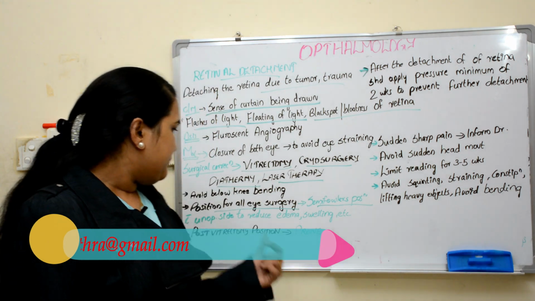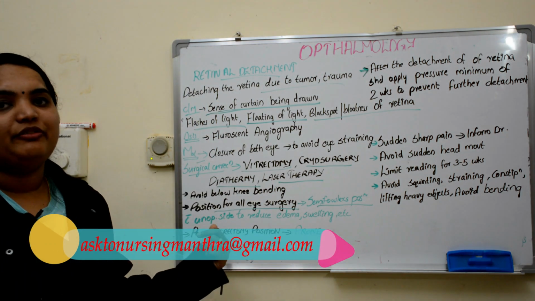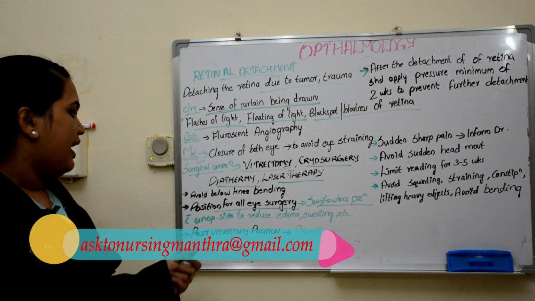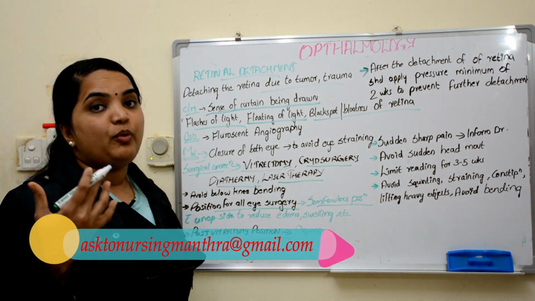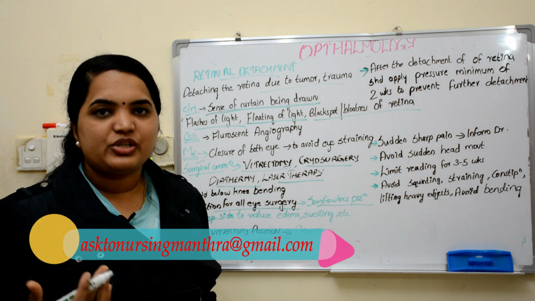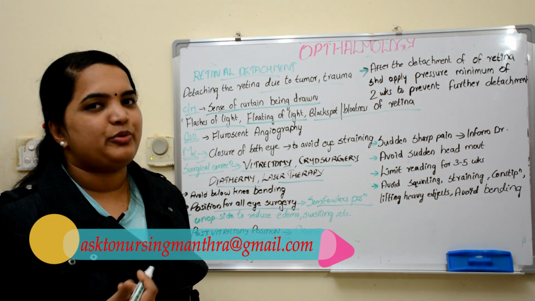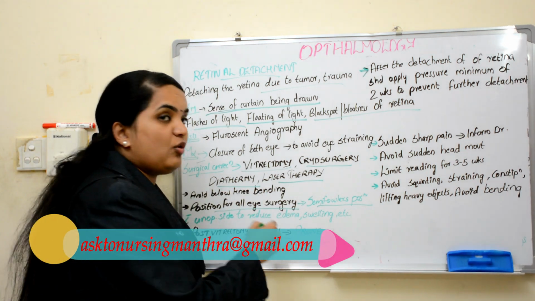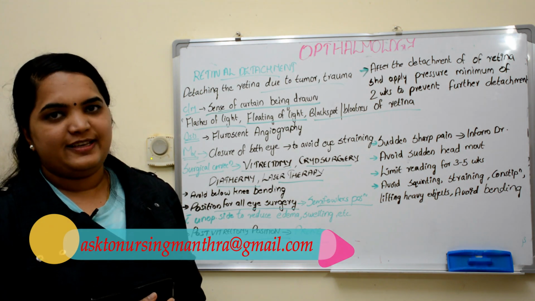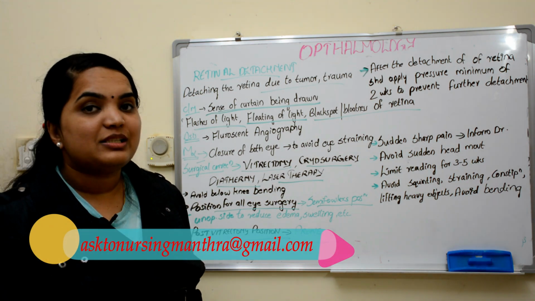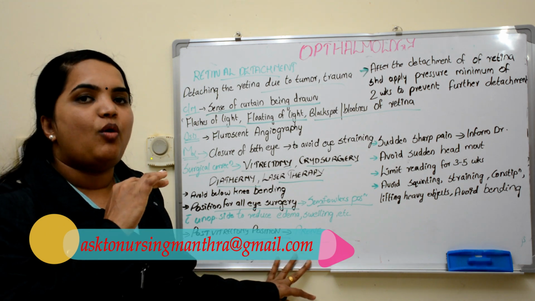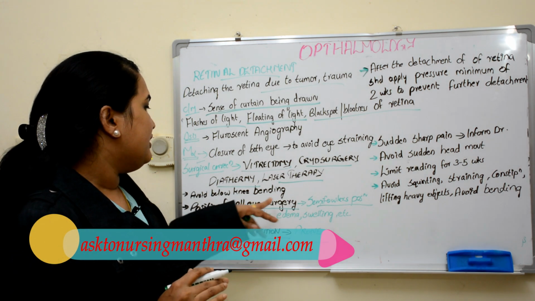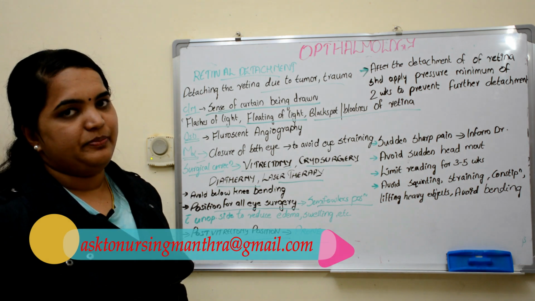This is the position which we provide for all eye surgeries. And after vitrectomy, the position we have to provide is prone position. That is also an important question which they ask during exams. So post vitrectomy, especially, we give prone position. For all other surgery we give semi-Fowler's position.